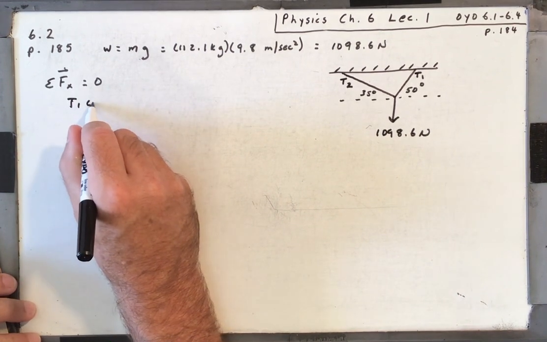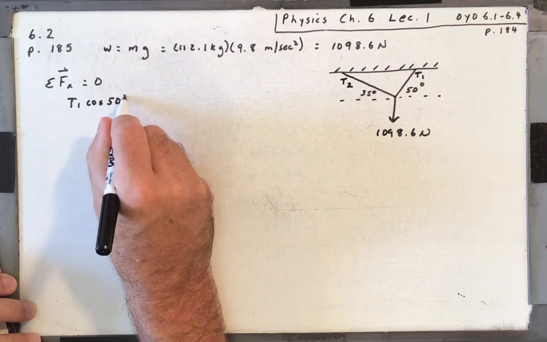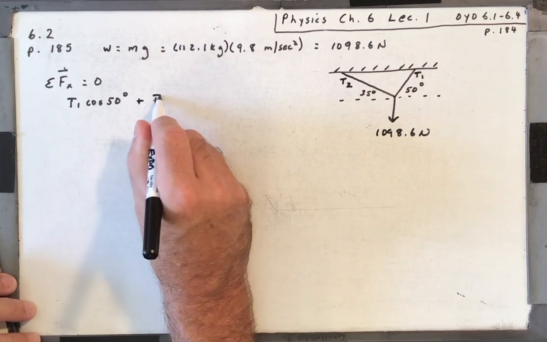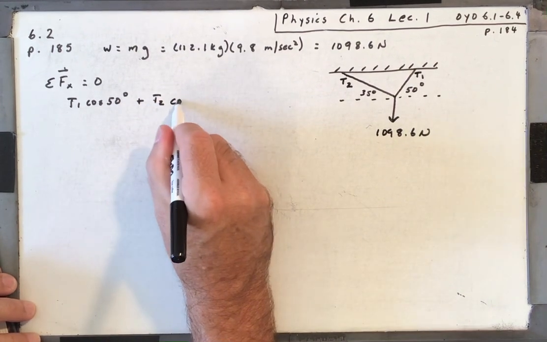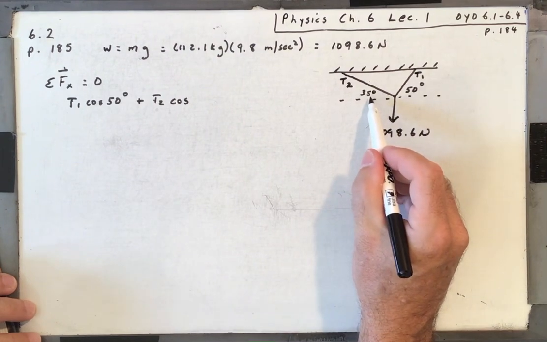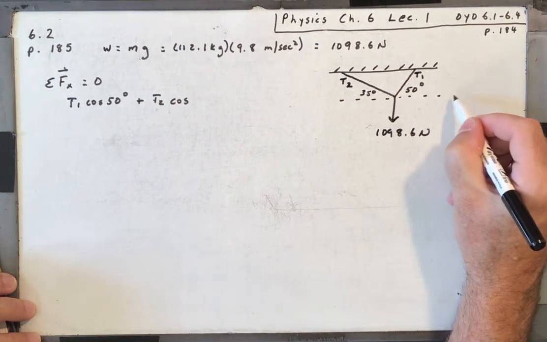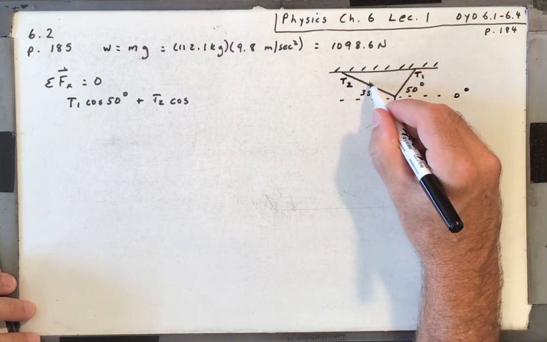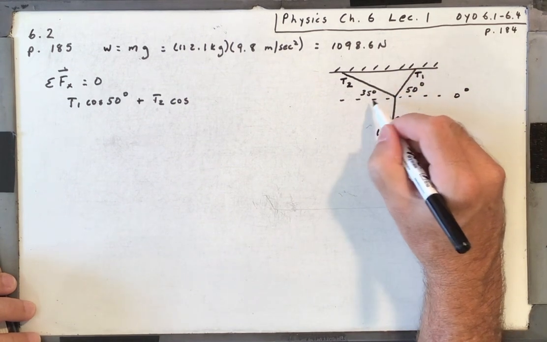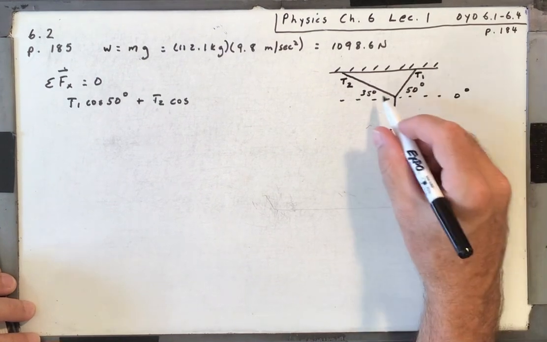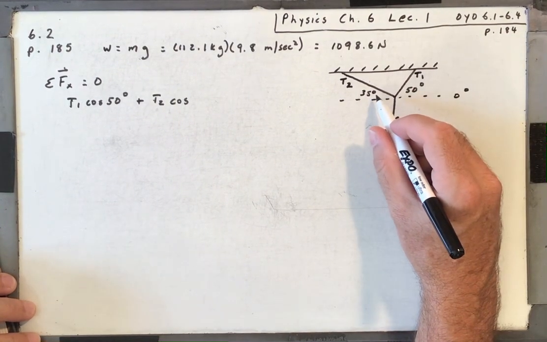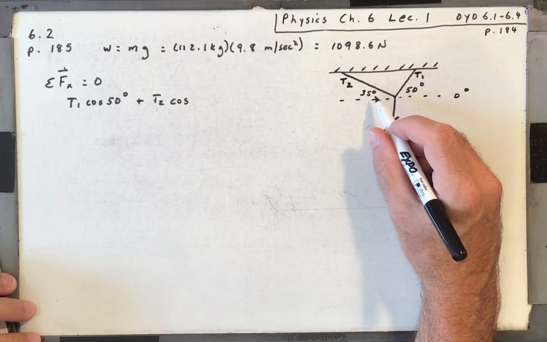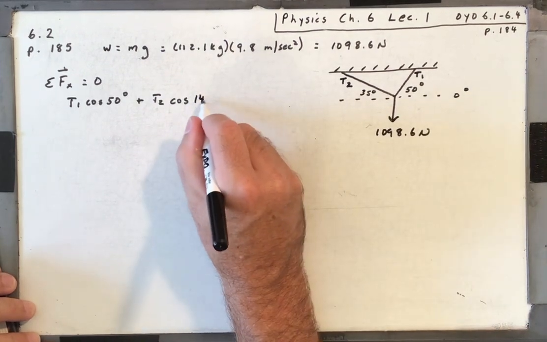So T1 cosine 50 plus T2 cosine. Now it's not 35, is it? Remember, we're starting at 0 degrees here and we're going around to here. All right, 35 degrees away. So that would be 180 minus 35 degrees, which is going to be 145 degrees.